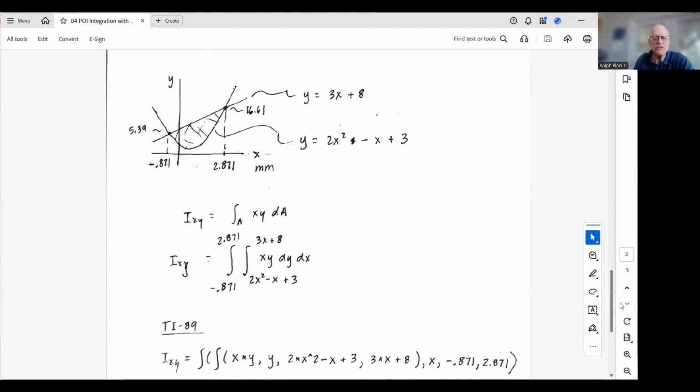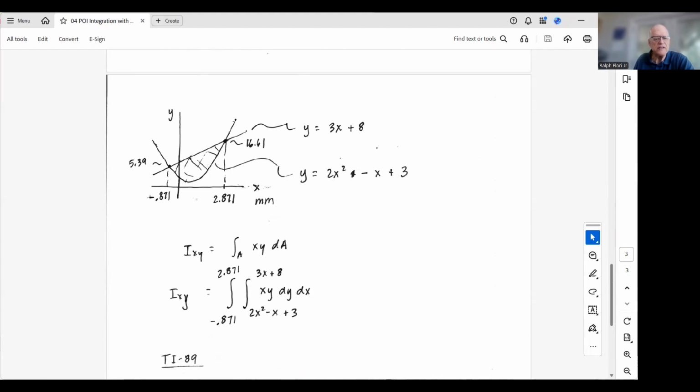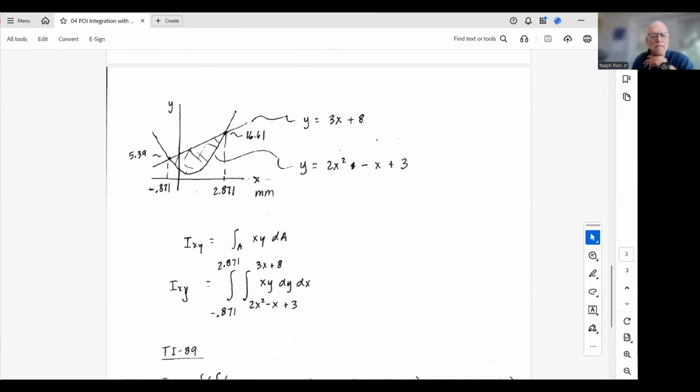I just chose to integrate this using a double integral. The integrand here is x times y, dy dx. I'm integrating y from 2x squared minus x plus 3 to 3x plus 8, and I'm integrating x from negative 0.871 to 2.871.